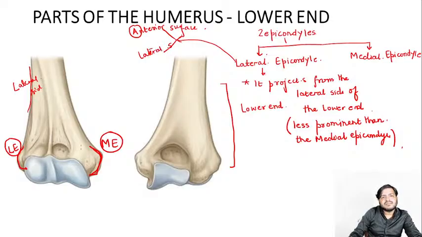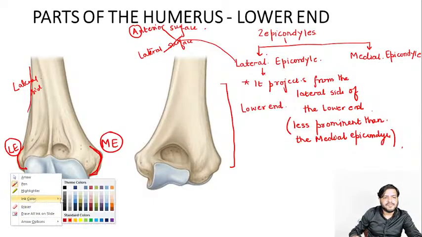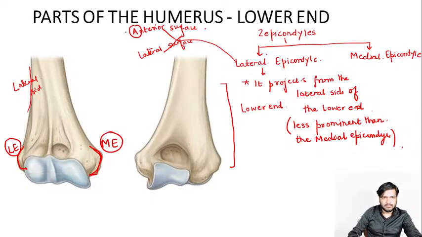Remember guys, on the anterior surface you will find the muscle attached, and write down, it is the common extensor origin.